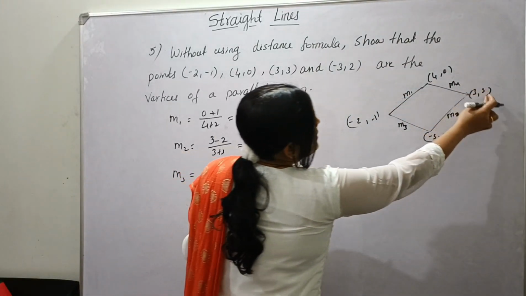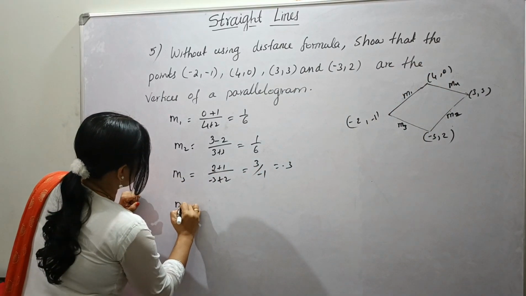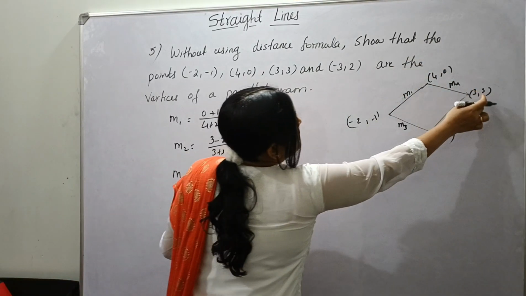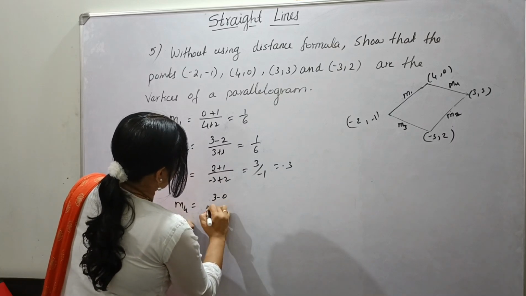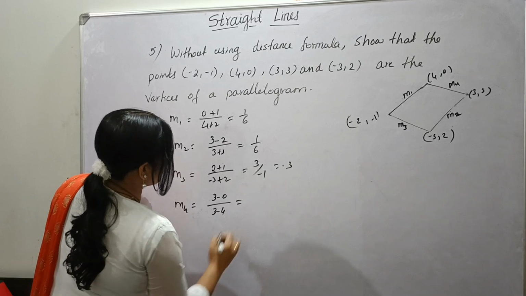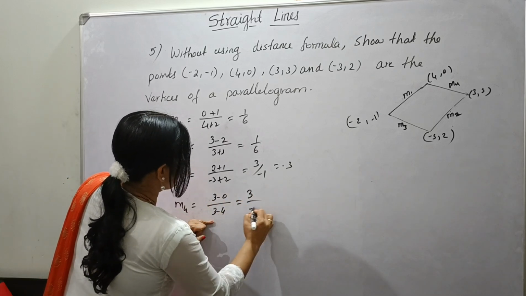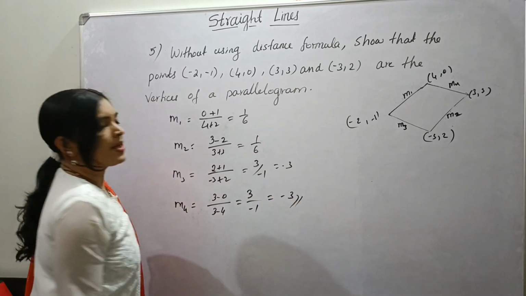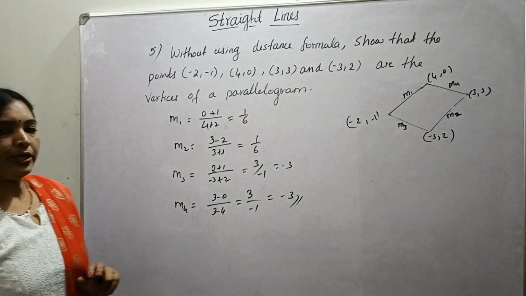Okay. So m4 is equal to 3 minus 0 divided by 3 minus 4, that is equal to 3 divided by minus 1, that is minus 3. See, we have got m3 is equal to m4.